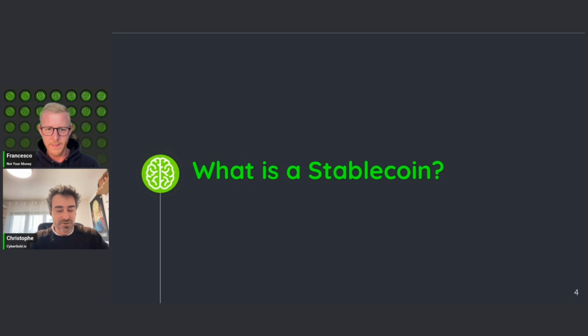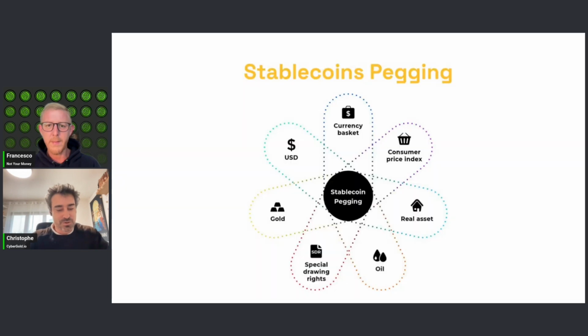Usually the most common reference asset is a fiat currency, such as USD. But stablecoins can also be pegged to other assets, such as commodities like gold, other cryptocurrencies, or baskets or anything, in fact.